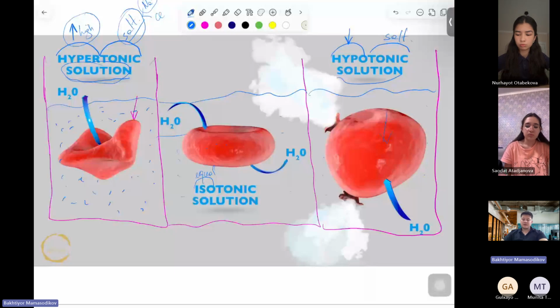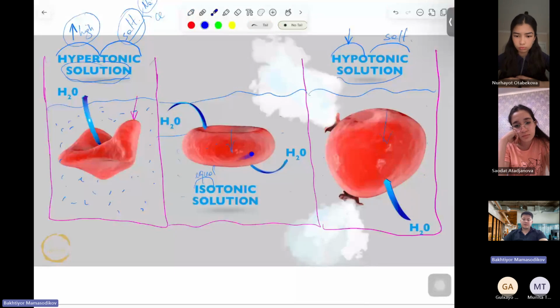Okay, so what happens in the hypertonic solution? Imagine I have the red blood cell. This is called the hemoglobin. Inside this hemoglobin molecule we have ions as well, and we have water as well. If I place this hemoglobin into this hypertonic solution, what's going to happen? What do you see in this image?